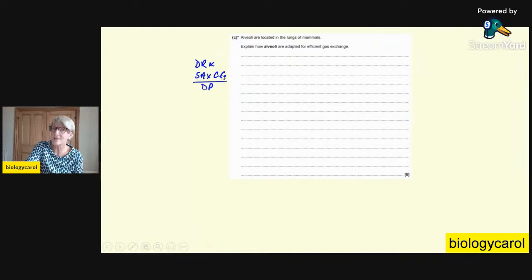If either of these numbers gets larger, the surface area gets larger, or the concentration gradient steepens, the diffusion rate will increase. If, however, the diffusion pathway increases, with this number on the bottom, the number we're dividing by, does it make sense that the diffusion rate will decrease? So we want big numbers here, small number here.